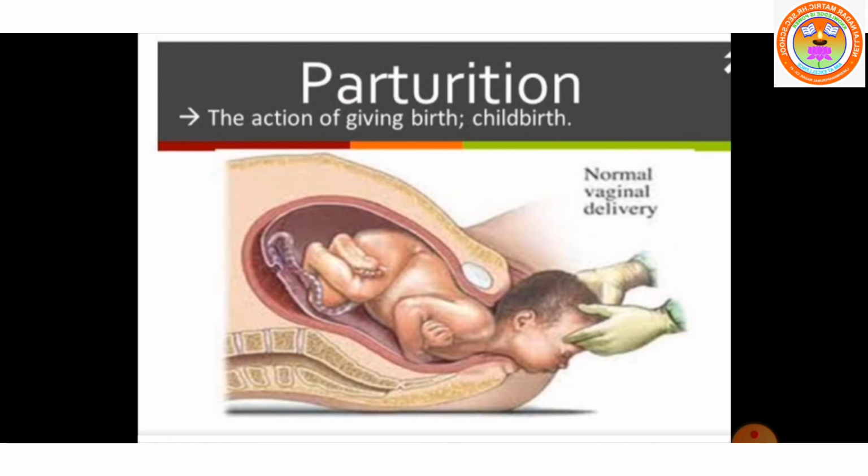Contraction of the uterus allows the baby to be expelled out. Parturition means childbirth and it is an endocrine mechanism, and it occurs when a fully developed fetus and placenta produce the fetal ejection reflex. So what is parturition? Expulsion of the fetus from the mother's womb. So these are all the different events involved in sexual reproduction in human beings.